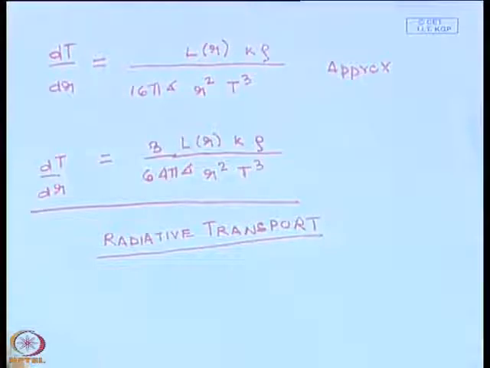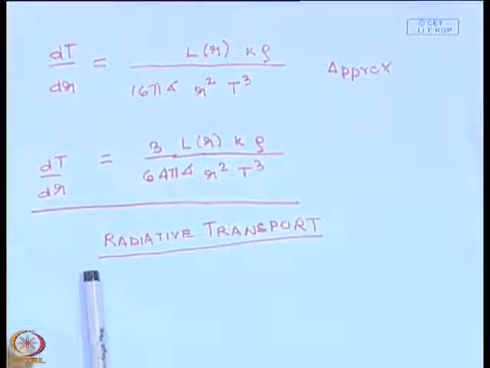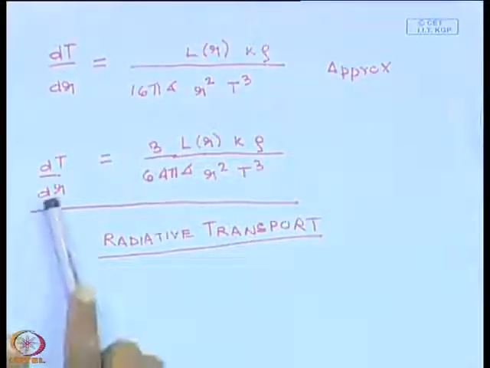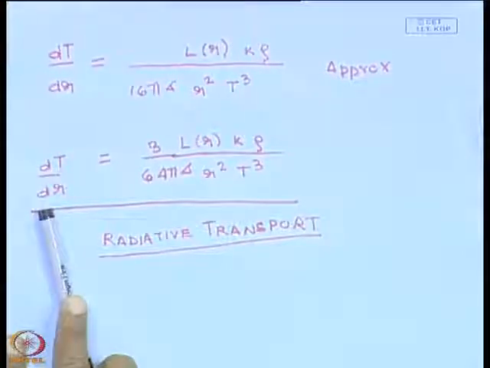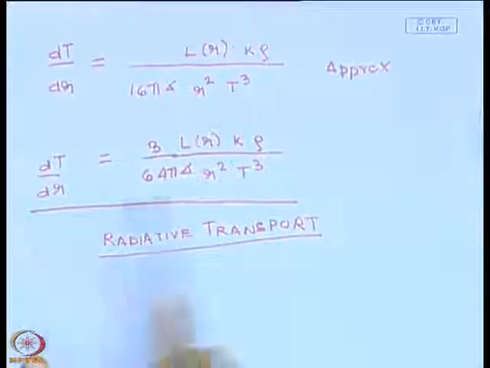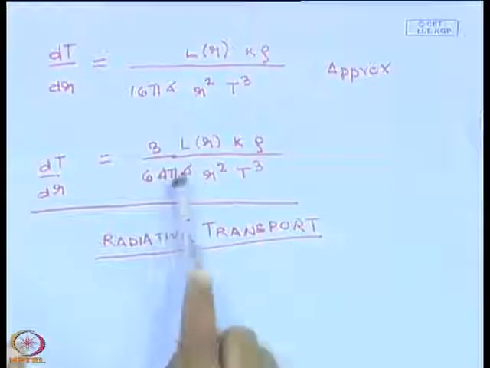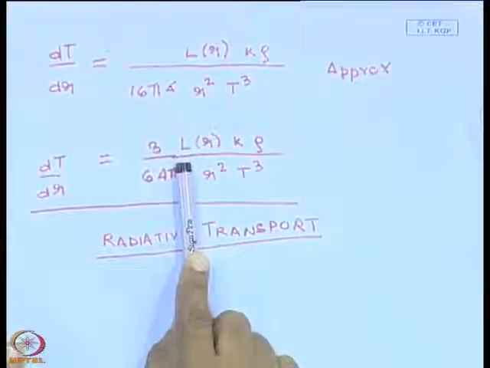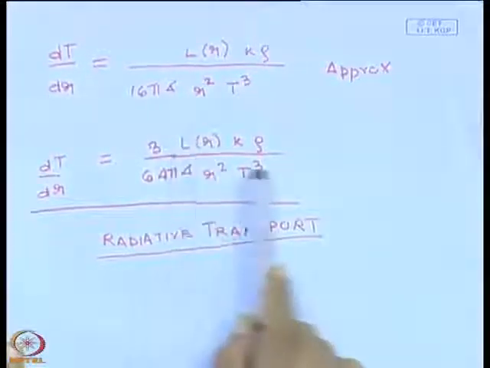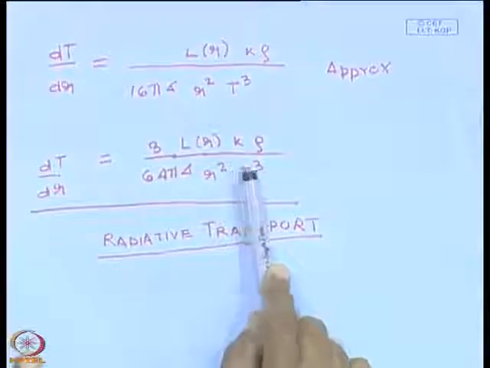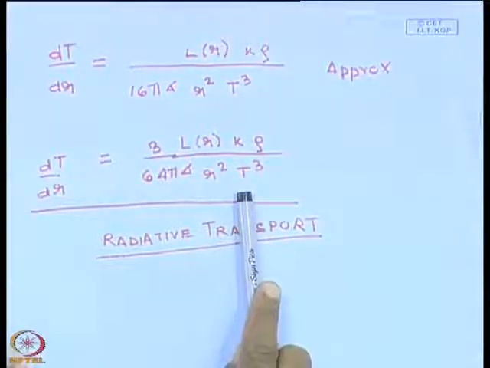In the last class we were considering a situation where the energy is transported through radiation, and in such a situation the temperature gradient at any point is determined by a combination of factors. It includes the luminosity at that distance from the center, the opacity at that position, the density and the temperature.